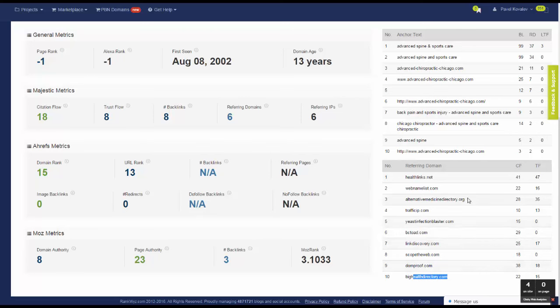So, alternative medicine directory. Basically, you find an existing link profile. You look at the metrics, the combined opinion of three major metric providers on how good the domain is. You can see when it was registered.